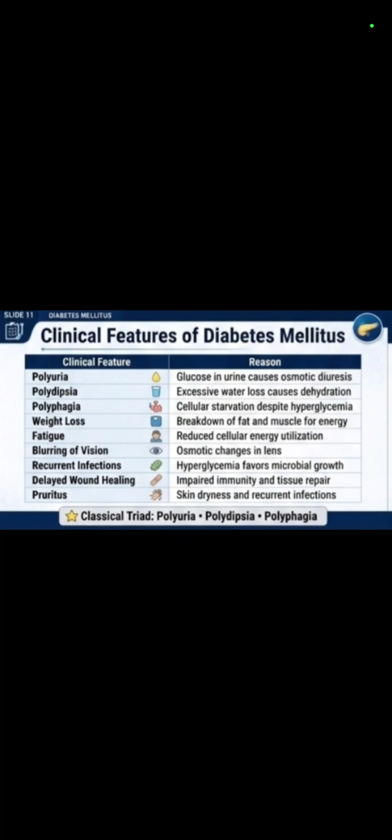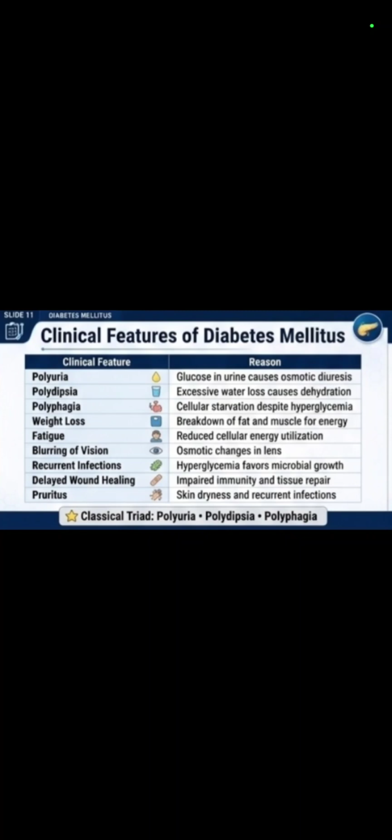Now let's understand the clinical features of diabetes mellitus. The main 3 P's of diabetes mellitus are polyuria, polydipsia and polyphagia. Polyuria refers to frequent urination. The main reason it occurs is that glucose is an osmotically active substance, and an osmotically active substance always drags water along with it.